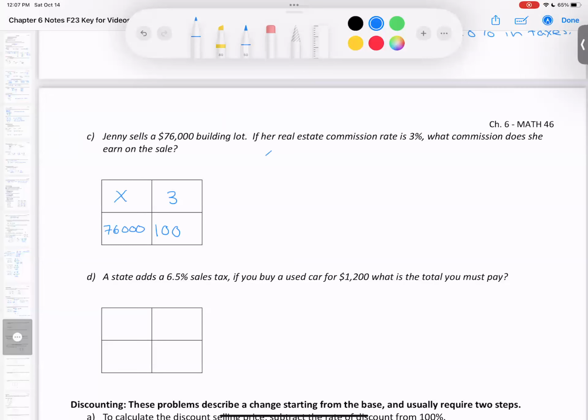So when we set up our fraction, we're going to have X over 76,000 equals 3 over 100. Okay, so I'm going to move the 76,000 to the opposite side of the equal sign, bringing it from the bottom to the top. Or in other words, I'm multiplying both sides by 76,000.